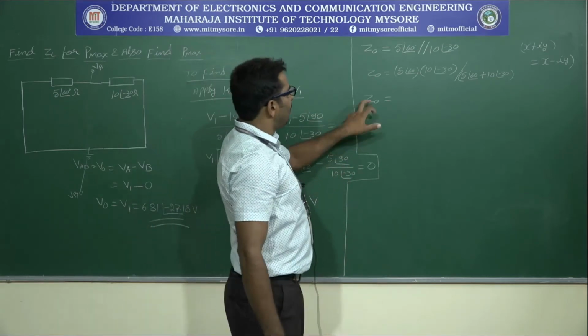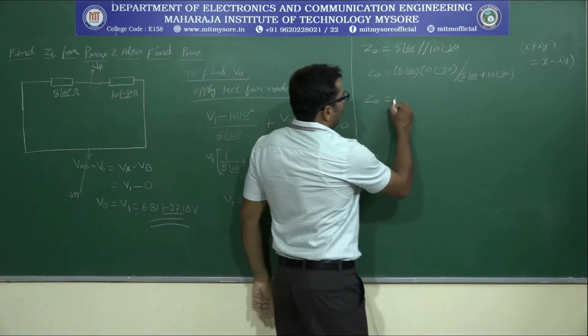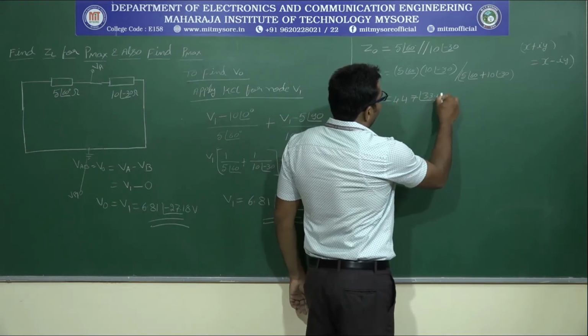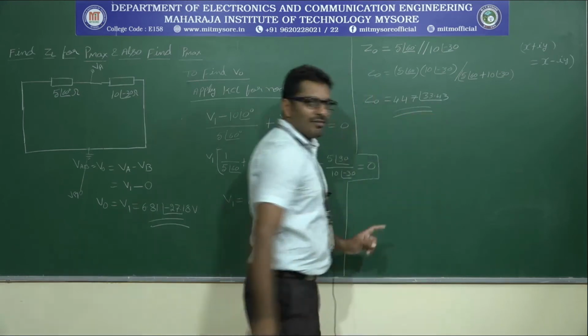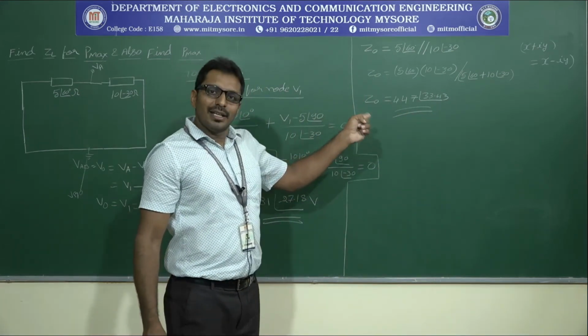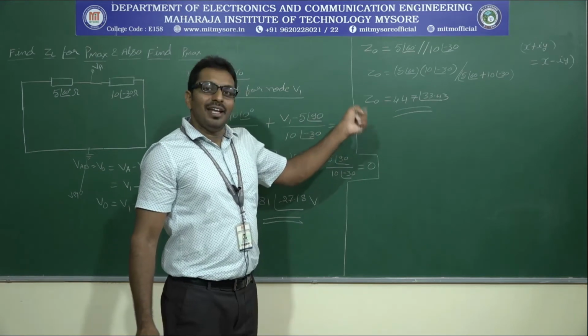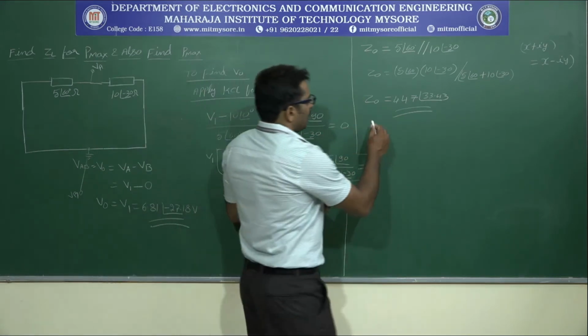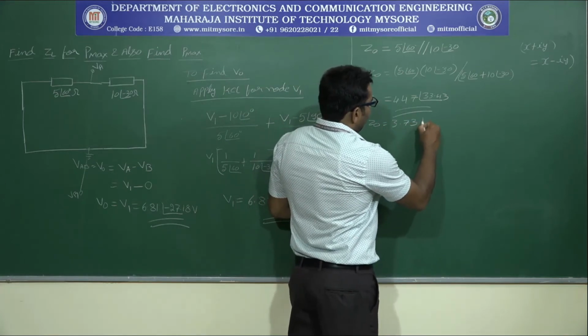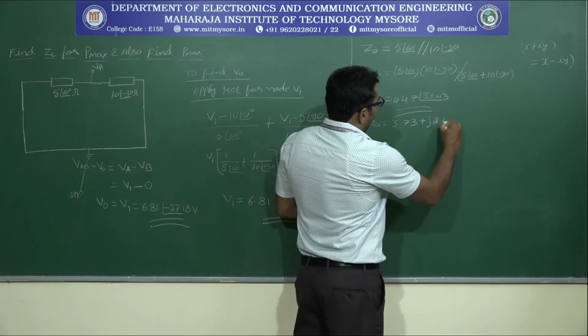So first, let me write the Z0 value: 4.47 at an angle 33.43. This is the Z0 value in polar form. But in case 3, try to express Z0 in rectangular form only. So Z0 is equal to 3.73 plus j 2.4x.